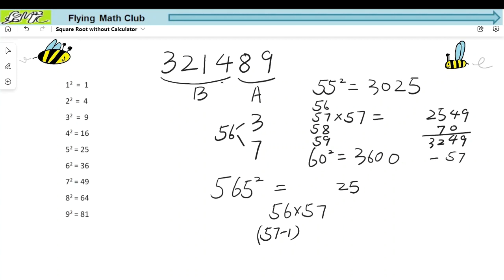So 565 squared equals 319,225. This number is a little bit less than the target number, so the square root should be bigger than 565. So we pick 567 as its square root.